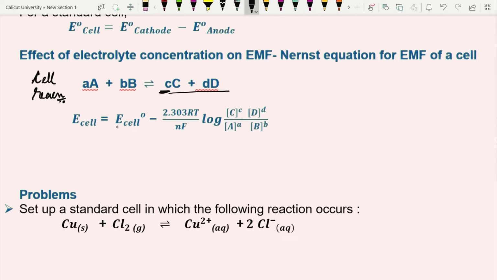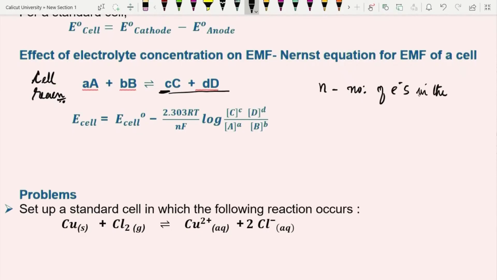Here, E naught of cell is the standard electrode potential of the cell, which we can calculate. n is the number of electrons in the cell reaction. And these are the molar concentrations raised to the power of the number of moles.